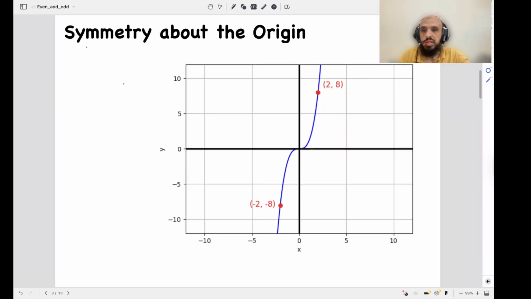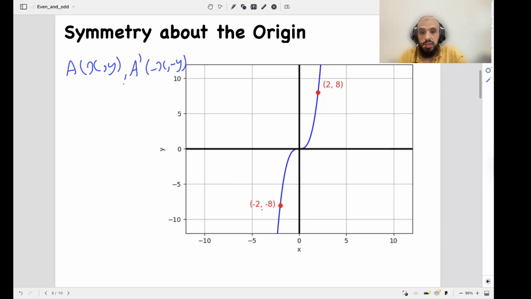Another kind of symmetry is the symmetry about the origin. Here we notice that the curve is split by the origin into two identical curves, one in the bottom left and one in the top right. So if we have two points, A whose coordinates are x and y, and another point A prime whose coordinates are negative x and negative y, both of them lying on the curve of the function, then this curve is said to be symmetric about the origin.